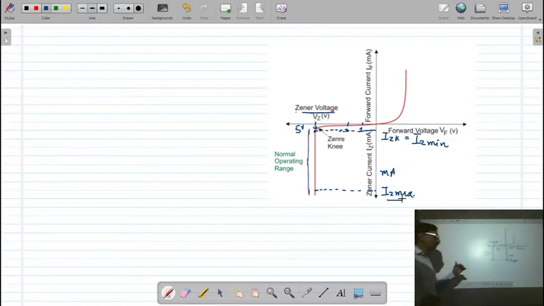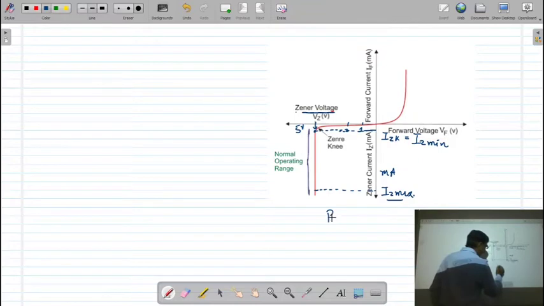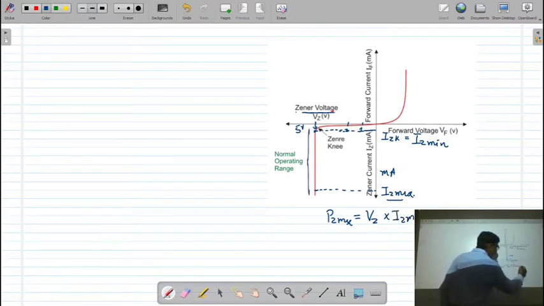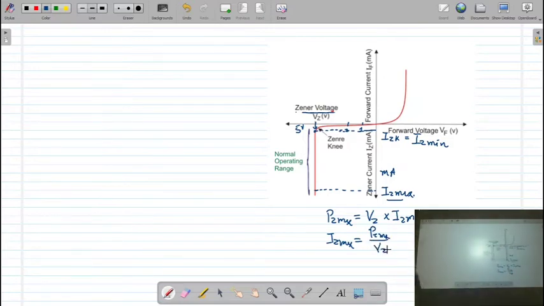You should not pass more than this, otherwise the Zener diode is going to be damaged. The maximum power dissipation we can write as Vz into IZ maximum, or you can calculate the maximum current as Pz maximum divided by Vz.